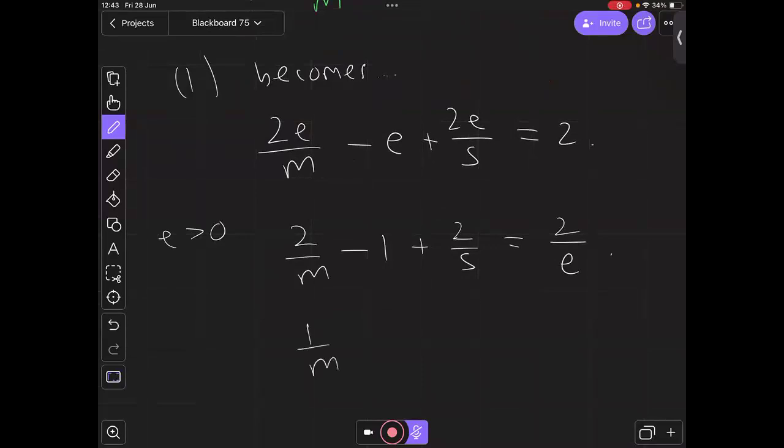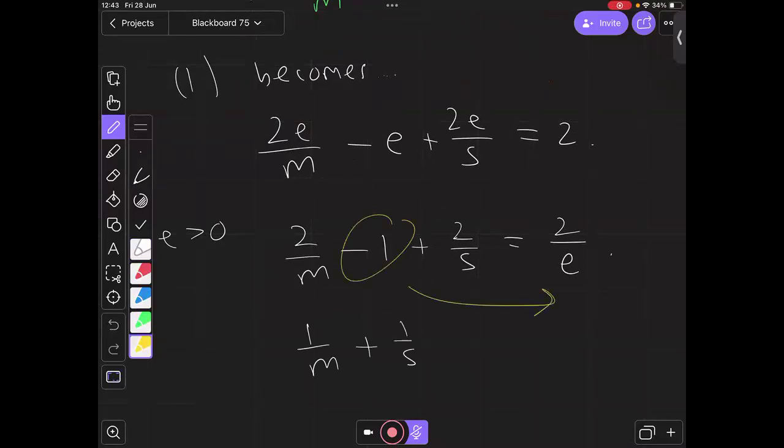This is 1 over M plus 1 over S. I'm going to bring this over to the other side, so it equals 1/2 plus 1 over E. Everyone agree with that? I'll wait till you guys are happy.